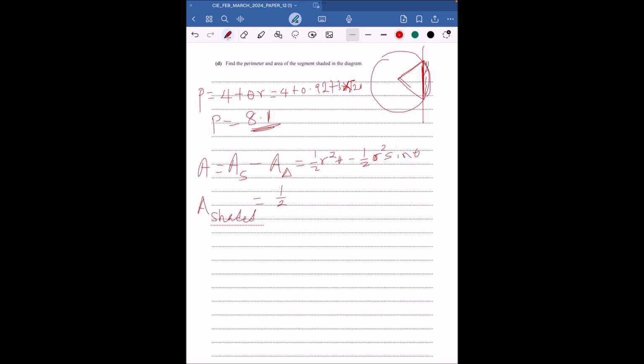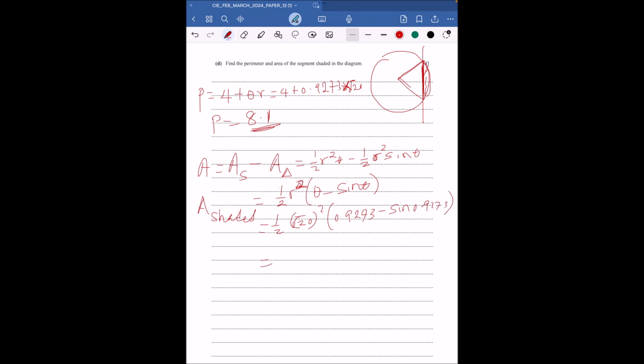So half, that will be easier for me to just press the calculator, r squared, then theta minus sine theta. So 1/2 square root of 20 squared, then 0.9273 minus sine 0.9273.